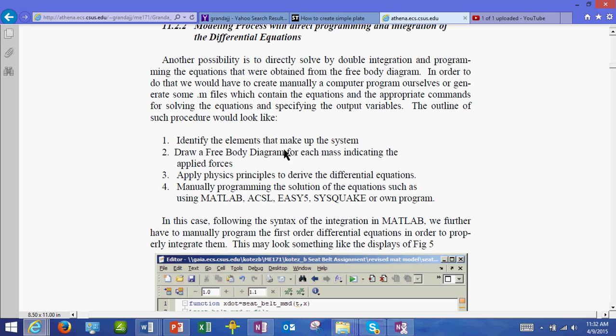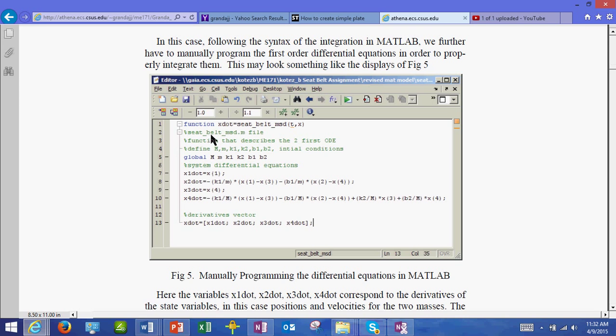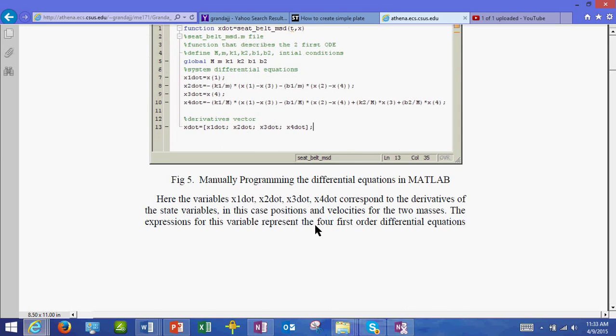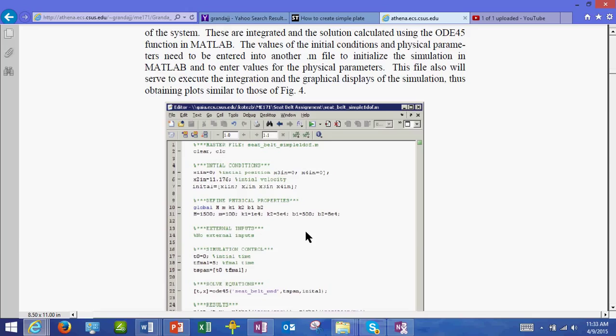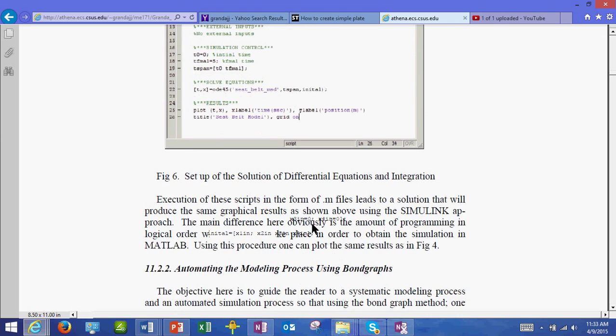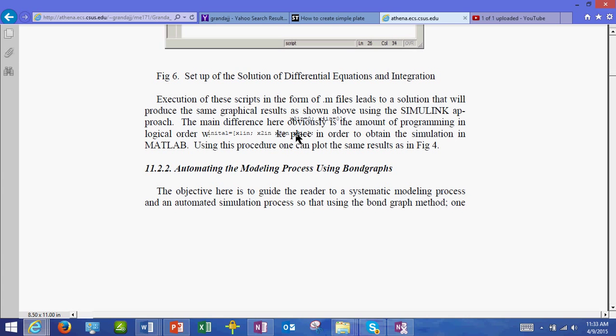So we identify the elements, draw the free body diagram, apply the principles, then program something like this. You could do it in MATLAB or so, and there you have the equations, and then you do the integration. You will have to program this into MATLAB or a simulation language, and then obtain the response this way.